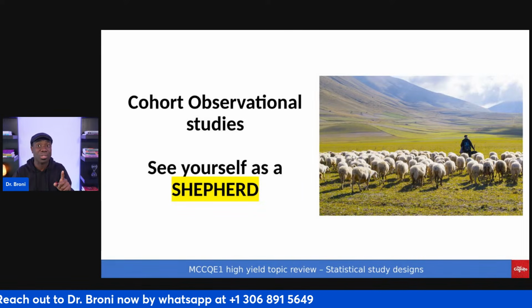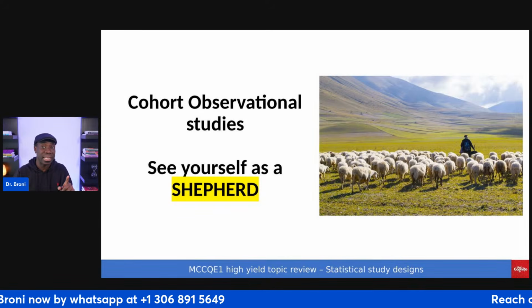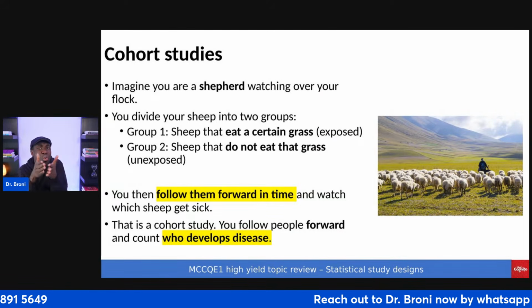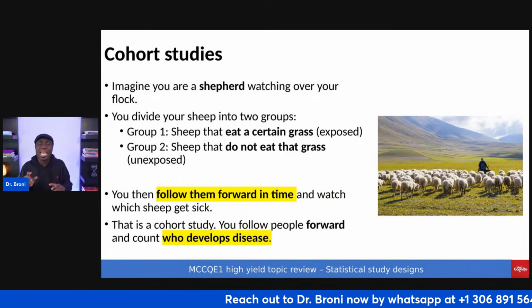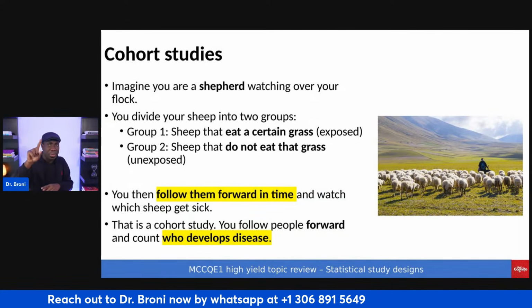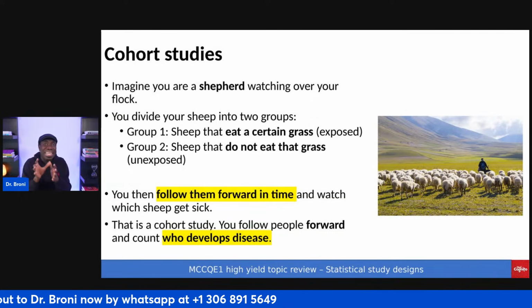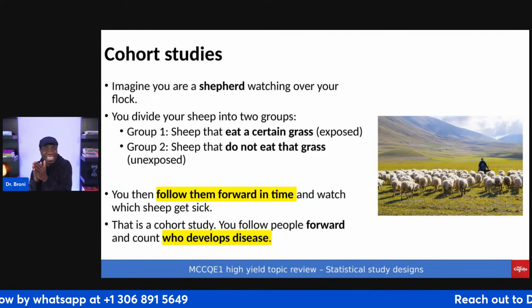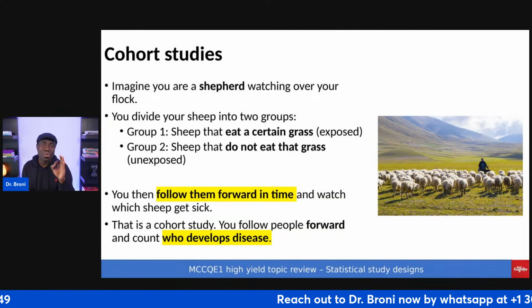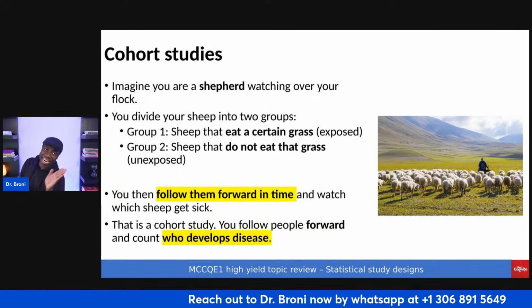Look at what the shepherd is going to do in a cohort study. Imagine that you are a shepherd watching over your flock. You divide your flock into two groups. Number one, the sheep that eat a certain kind of grass, and group two, the sheep that do not eat that grass.